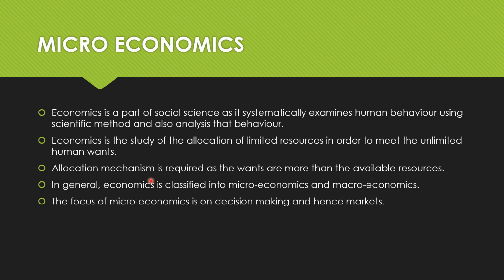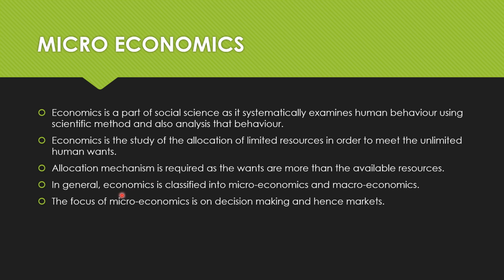Since the wants are more, the resources have to be allocated in a correct, proper and justified manner. For this to happen, there must be a mechanism in place. By mechanism we mean rules, regulations and laws in the market. There should be certain rules that the government has to put in place, whether for consumers, producers, or the market. In this way, the resources have to be divided through a proper allocation mechanism, which we'll be studying.